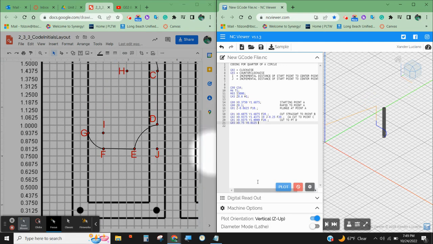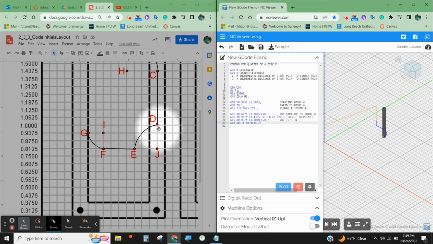For the meantime, I'm going to plot this later. So let's do the I and J first. So the I is the distance of D and J, from starting point to center point.